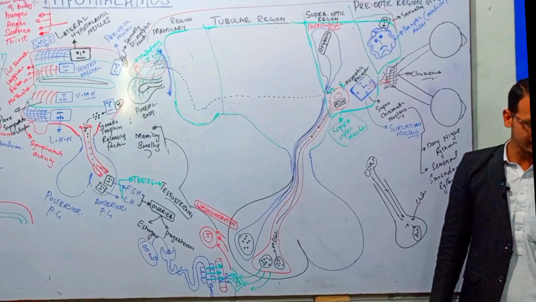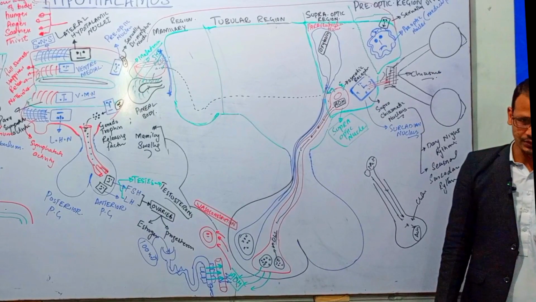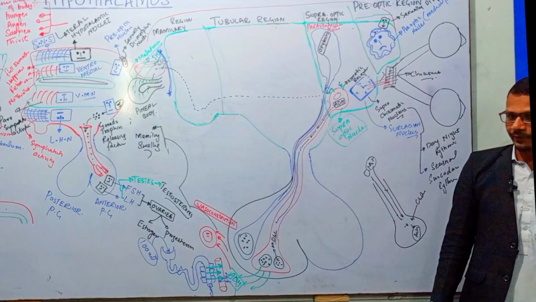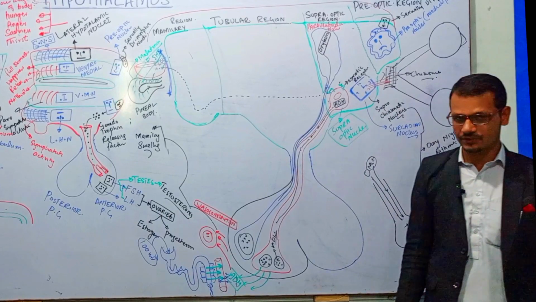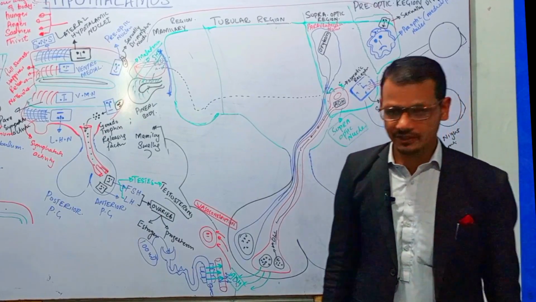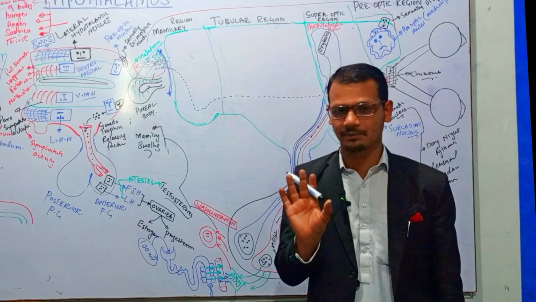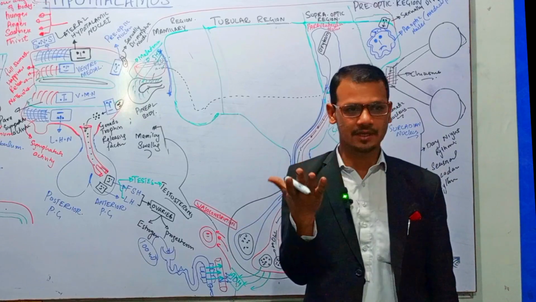Now signals are required for releasing this oxytocin. And what are these signals? What is the function of oxytocin? Constriction of uterus and ejection of milk, not the production of milk, only ejection of milk.